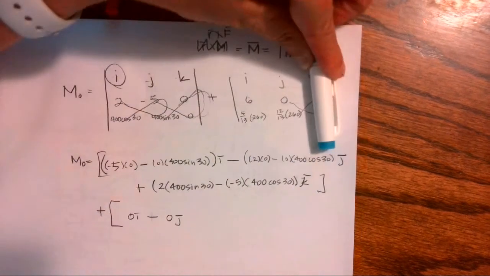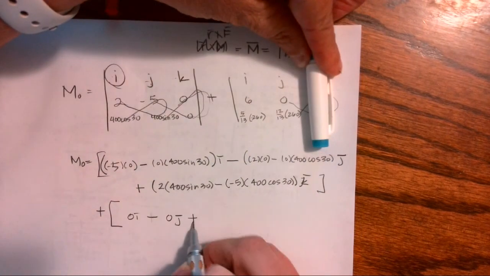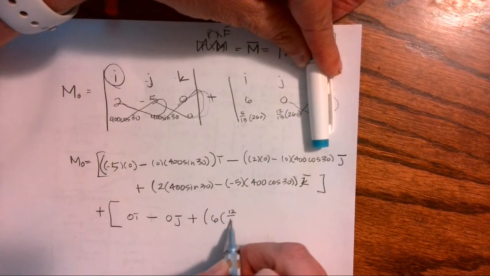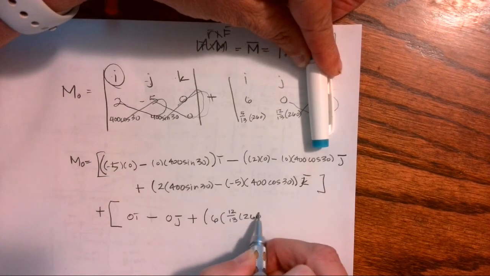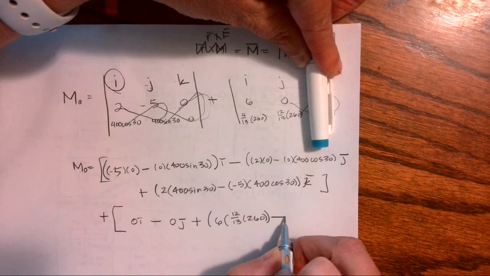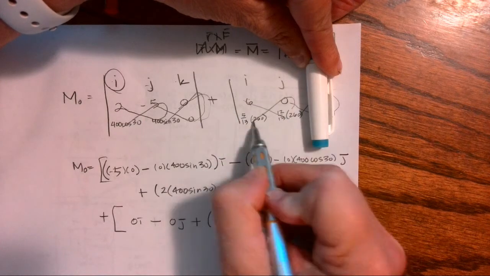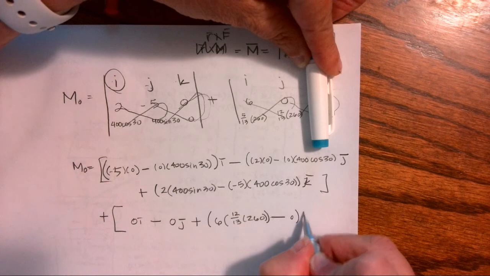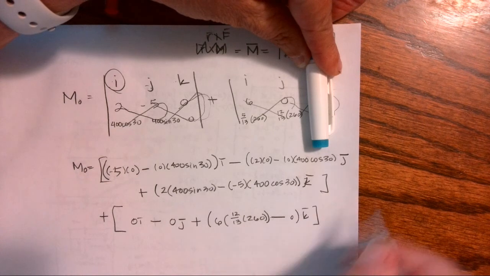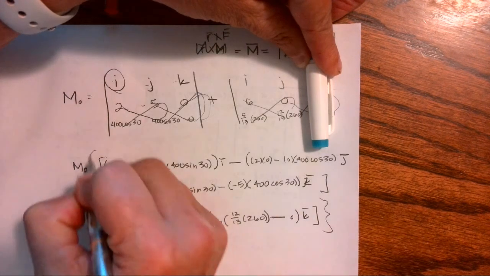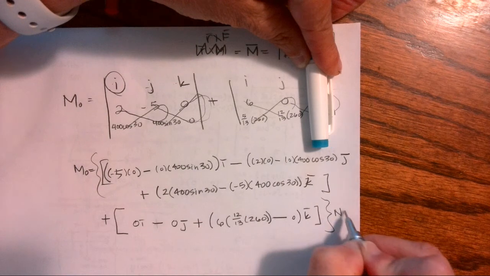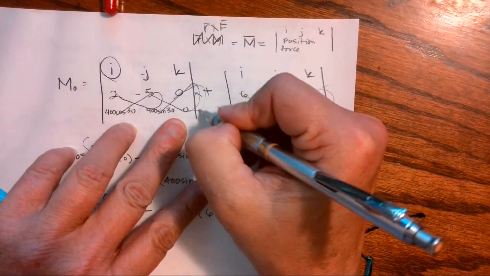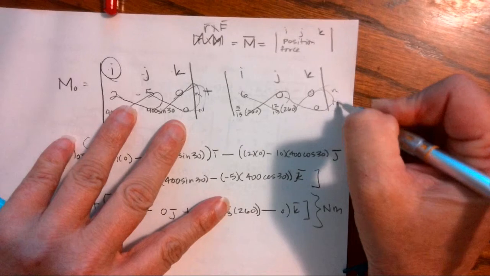Cover up by k, plus 6 times 12/13 of 260, minus 0. And then all of this is going to be newton meters because we have units of meters and newtons.